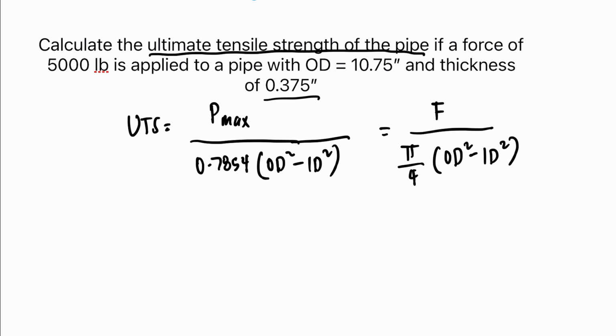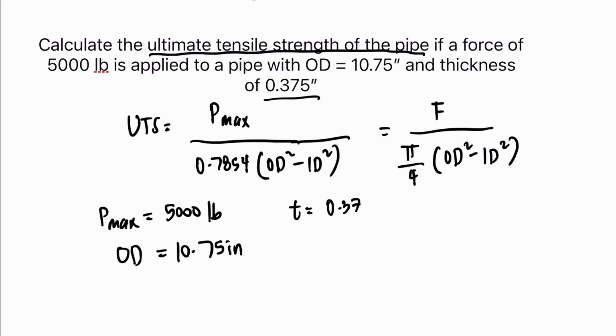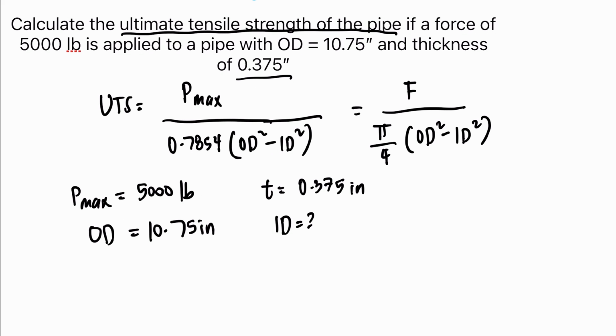So the given here is the maximum force Pmax is 5,000 pounds. The OD is 10.75 inches, and the pipe thickness is 0.375 inch. So how will we get the internal diameter first, because we don't have the internal diameter? So drawing the cross section of the pipe, we have the OD here and the ID here.